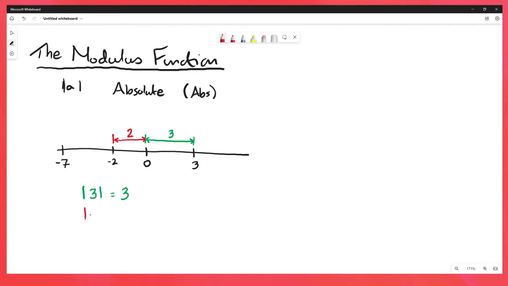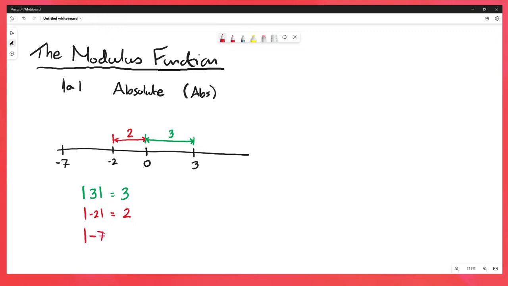The modulus tells us the size of the number or how far away from the origin or from 0 it is. You may recognize this notation from vectors as the magnitude or size of a vector. It's the same idea as we're thinking about the size of a number.